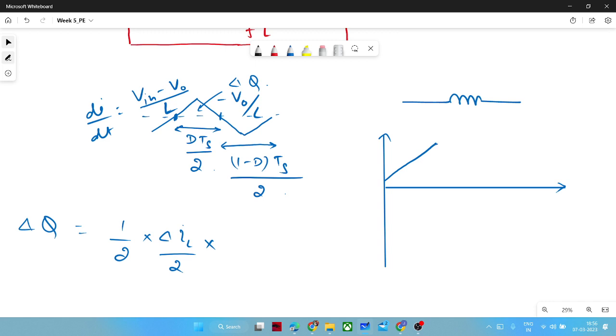We aren't saying that the duty cycle is 50%. That is irrelevant to us. Now, when it goes from DTS to TS, in the same way, half of the duration has to be on the positive side and half on the negative side. Then only is the ampere second relationship, the current flowing through the capacitor, equal to zero.